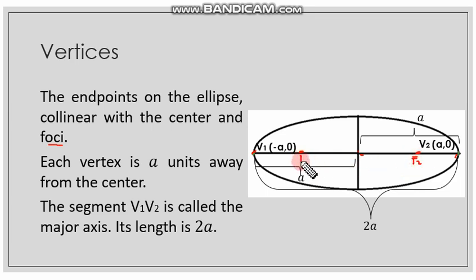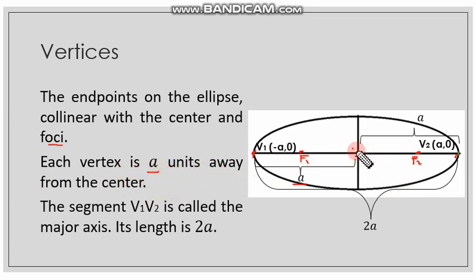Always remember that the vertices, foci, and also the center are always collinear. Kauban na sila always sa ilahang linya. Collinear. So each vertex is A units away from the center.